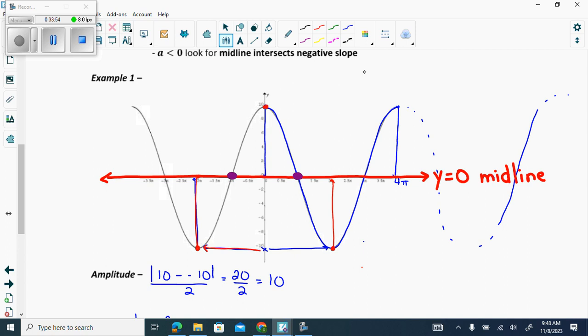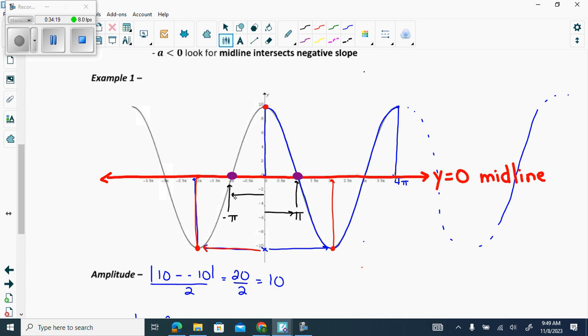After that, you have two c values. So this one is negative pi, I believe. Is that negative pi? Yeah. And this one is pi. So one of my c values is going to be pi to the right, and the other c value is going to be pi to the left.